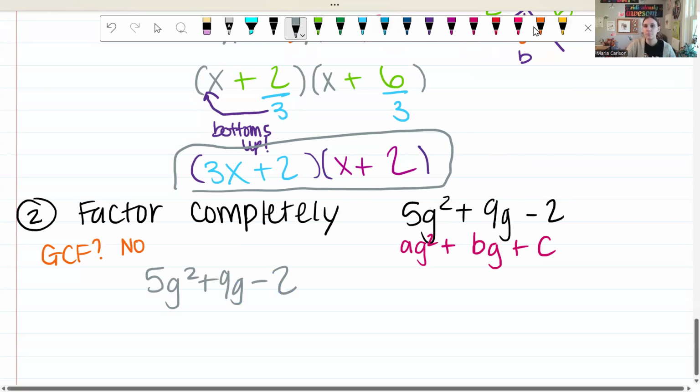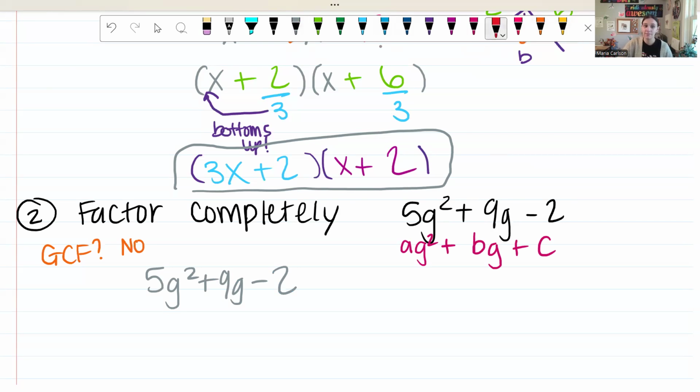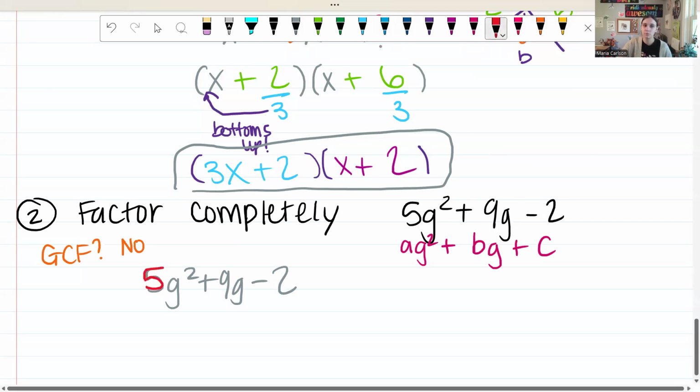First step again is going to be to slip our a value from the front back to c. So I'm going to multiply 5 times -2. So now this is going to be written as g squared plus 9g, and then 5 times -2 is -10.